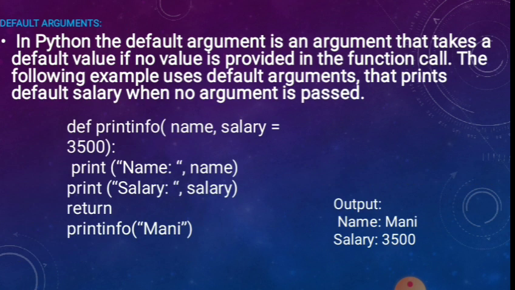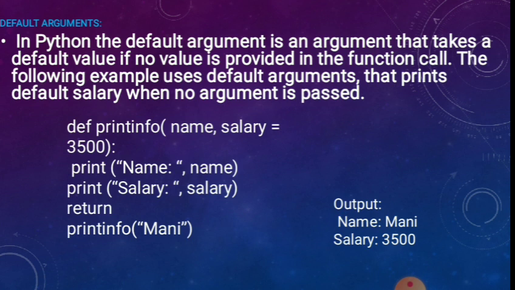Next one is the default argument. In Python, the default argument is an argument that takes a default value if no value is provided in the function call. First, we have seen that a minimum of one value you want to pass while you have created two values in the definition. Already we have discussed that. The same thing we are going to see. The following example uses a default argument that prints the default salary when no argument is passed.